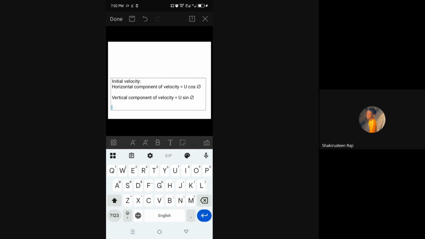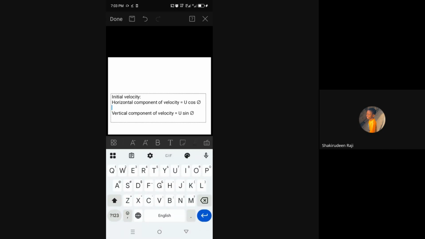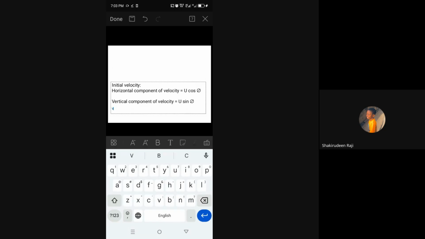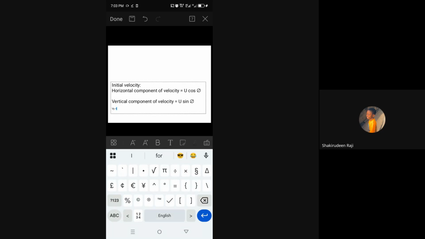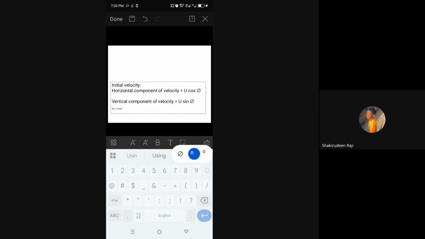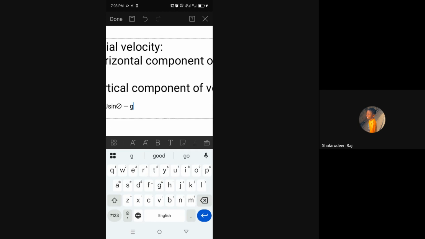So Vy, which is your vertical component of velocity, will be u sine theta minus gt. That is if it is moving upward, minus gt.